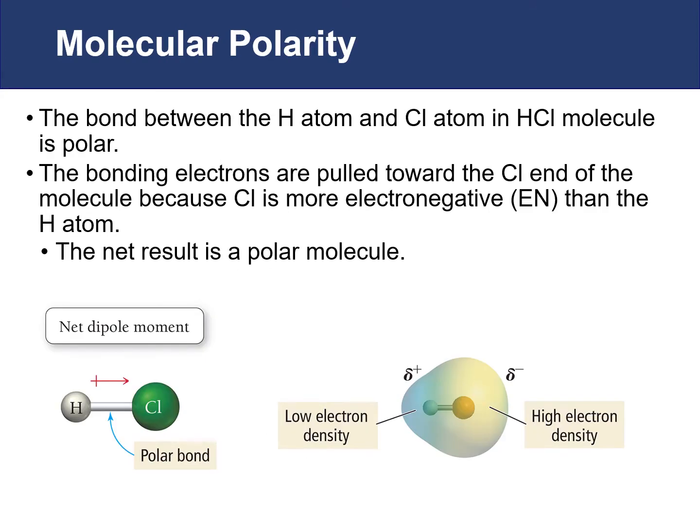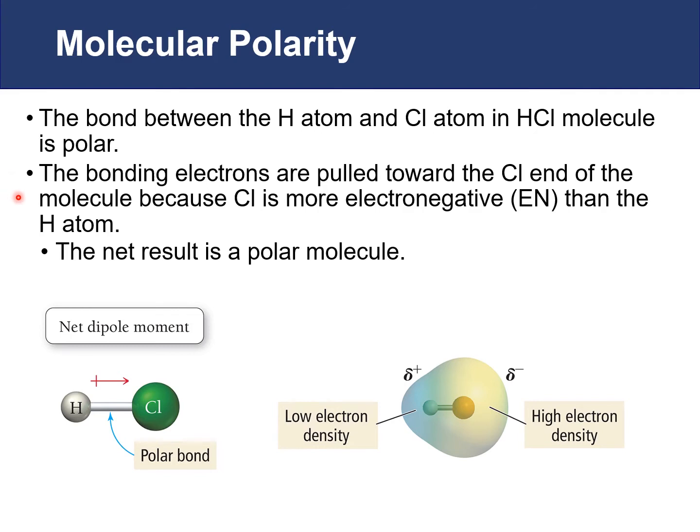The easiest type of molecules to determine whether they are polar or not are the diatomic molecules. An example of this is HCl, hydrochloric acid. Hydrochloric acid is very polar. The bonding electrons are pulled towards the chlorine end. Chlorine is the third most electronegative atom there is, behind only oxygen and fluorine.